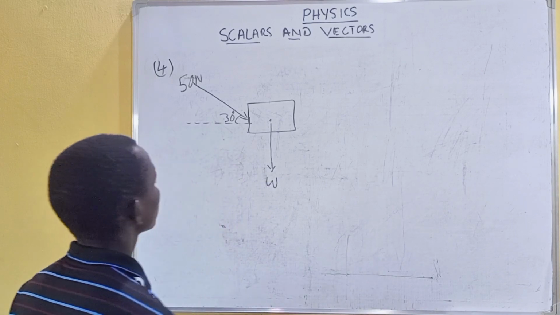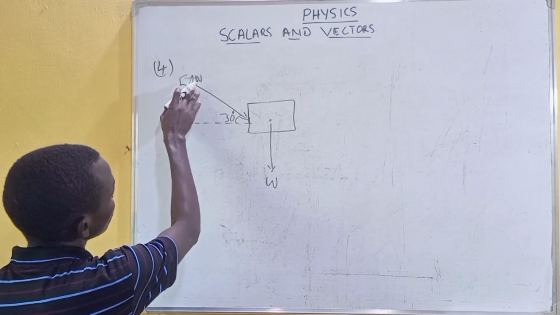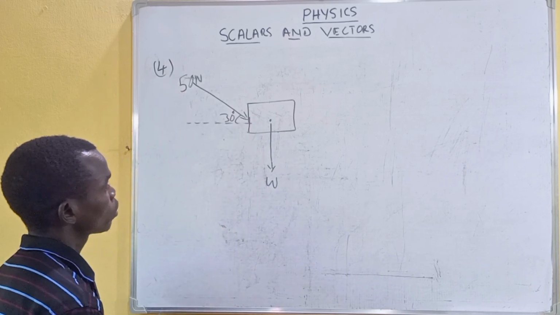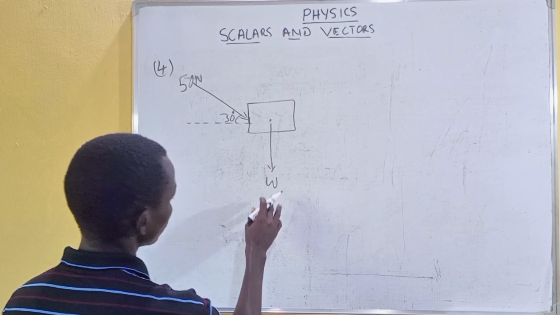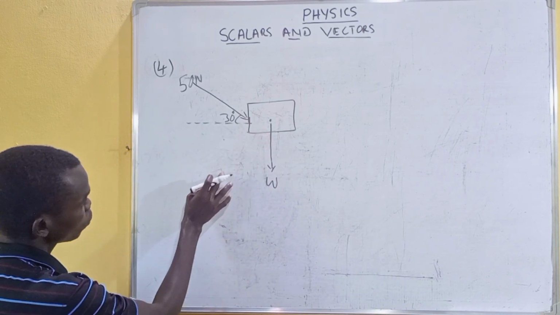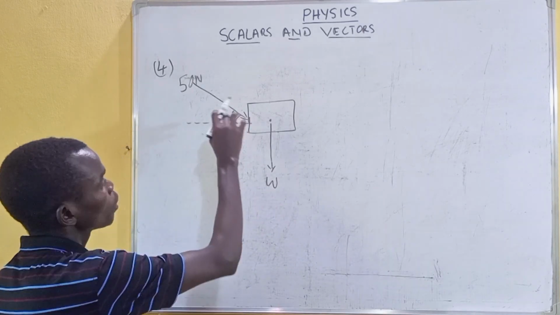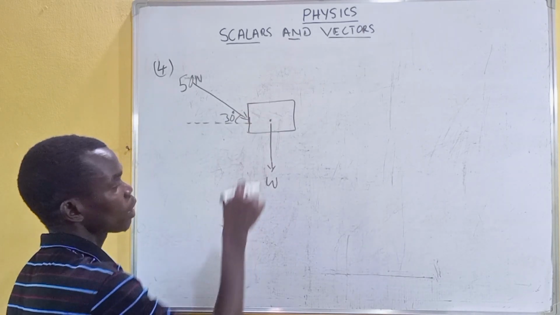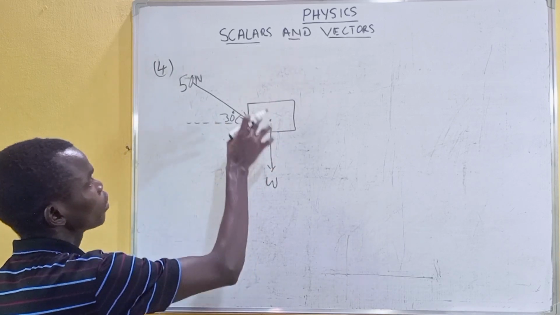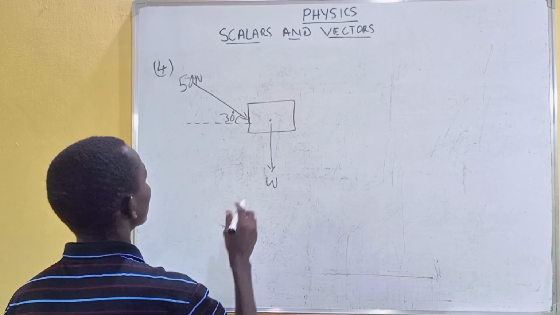When you look at this question, you will see that we have a force vector at an angle to the horizontal, and also the weight. There is no horizontal force here to find this effective value of the weight. We assume the lawnmower to be in equilibrium, where the upward force is equal to the downward force.